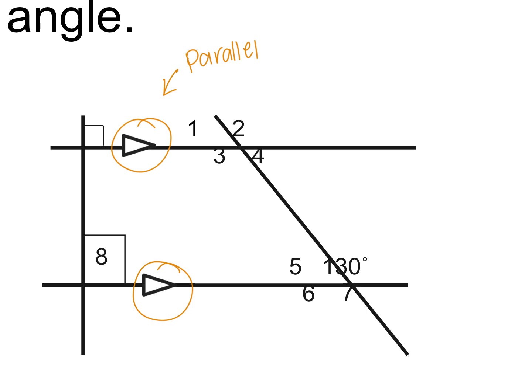Looking at this, we're going to fill in the angle measures. I'm going to look at this one first because I have my parallel lines. This is 130 degrees. What else would be 130 degrees? Yes, Sophia. Angle 2. How would I know angle 2 is going to be 130 degrees?